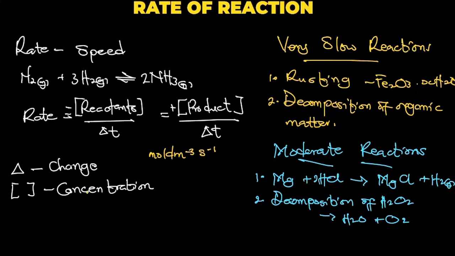If it is nitrogen, then the rate with respect to nitrogen is going to be the decrease in concentration of nitrogen gas over the change in time. So basically, rate has to do with the speed of the reaction and how it varies when we change certain conditions. These conditions are what we call the factors that affect rate of reaction, and we'll be looking at them.